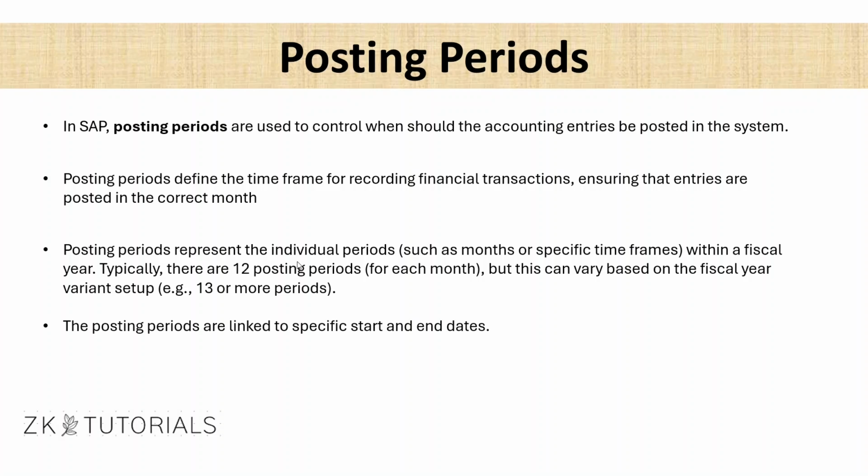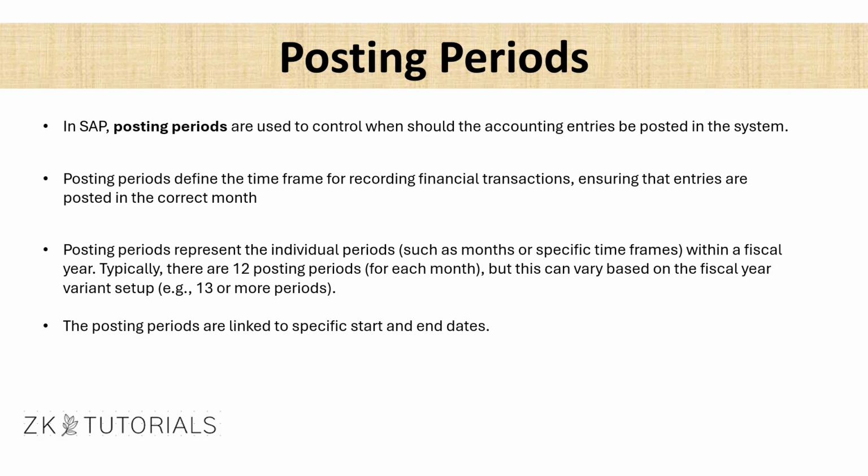Posting periods represent the individual periods, such as months or specific time frames within a fiscal year. Typically, there are 12 posting periods, one for each month, but this can vary based on the fiscal year variant setup, for example 13 or more periods. The posting periods are linked to specific start and end dates. In simple words, the posting periods are the months in the fiscal year variant, in the financial year.